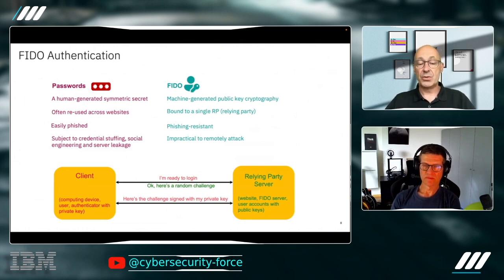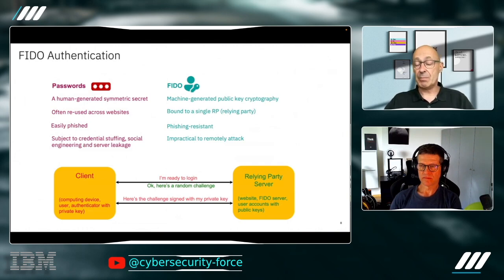It's typically going to use biometric things like a fingerprint or a face ID, or a PIN number, a 6-number PIN number for example, and then come up with the signed challenge. And it's then going to hand that over to the other side, to the server.